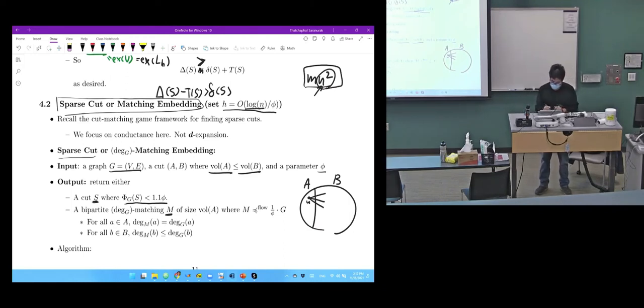Okay, so we want to find this B matching M of size volume of A, and this M should be embeddable into G with this congestion.